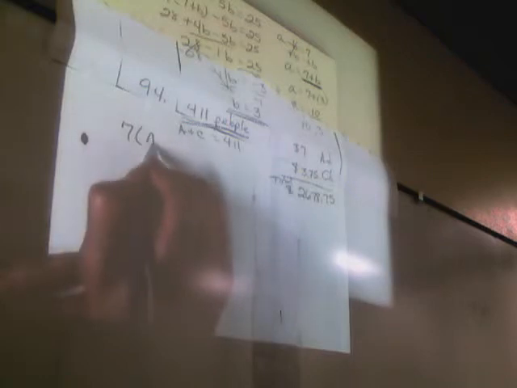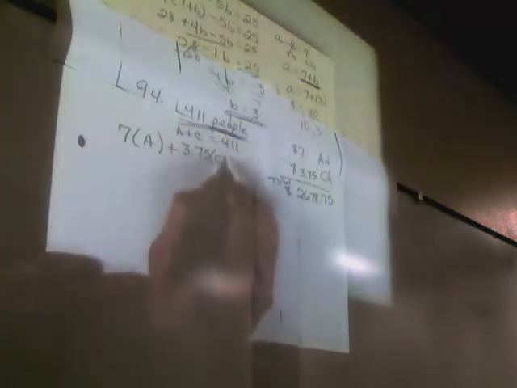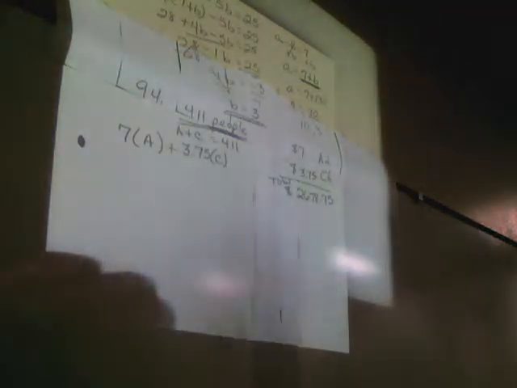The total revenue was $2,678.75. If you were paying $7 for every adult plus $3.75 for every child, then it would equal your total revenue, the $2,678.75.